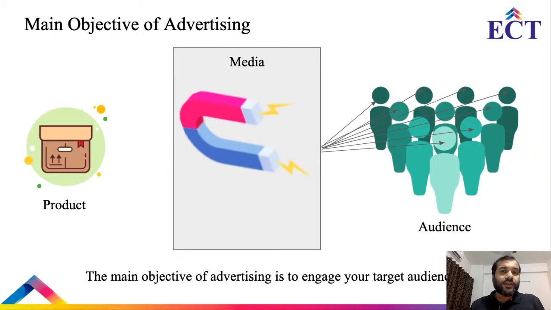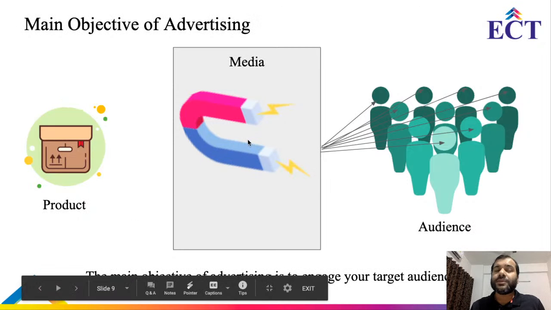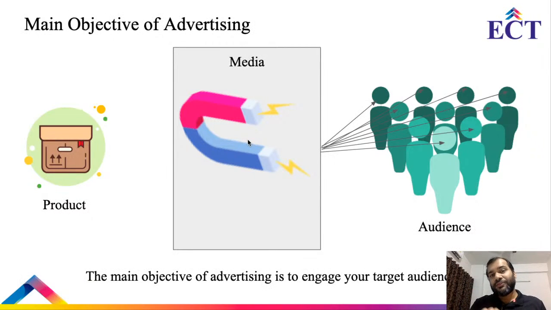The role that advertising plays is through a media, because a product cannot speak on its behalf. So you have to use a media where you can find your target audience and use that media to communicate your ideas, thoughts, features, benefits, whatever you say, to your audience, right? That is the simplest way.